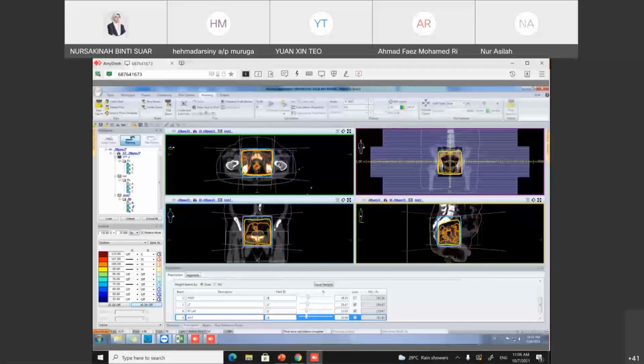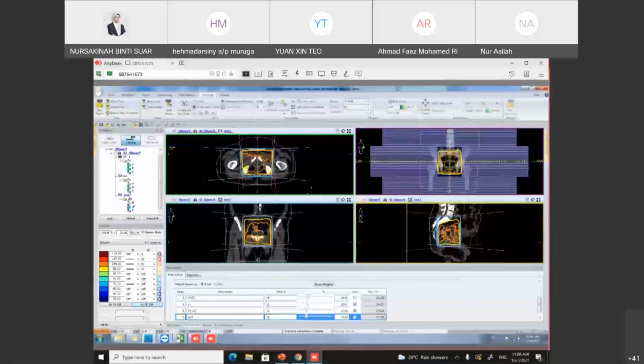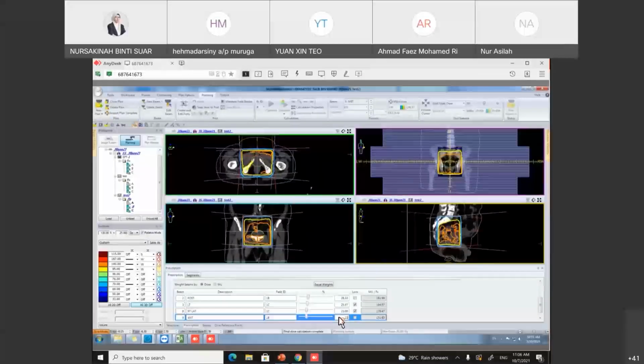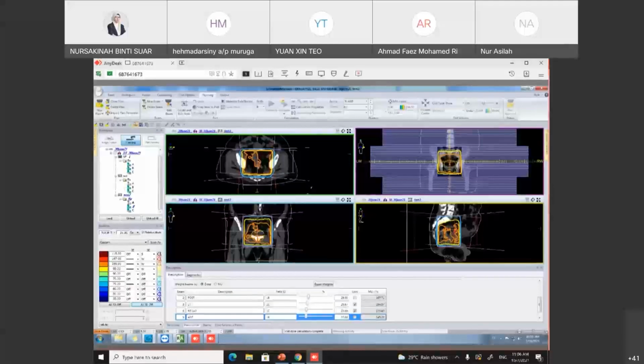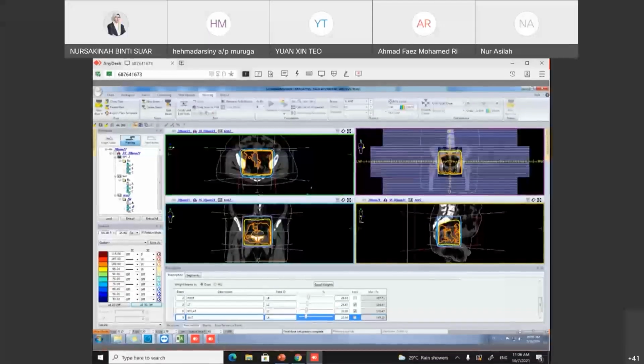Maybe this slice is not, so maybe you can try to reduce a little bit more. Okay. So now the anterior and posterior equally contribute. The dose is very homogeneous for the 100% dose coverage. As for now, this plan is ready to show to the doctors, unless you want to do more.